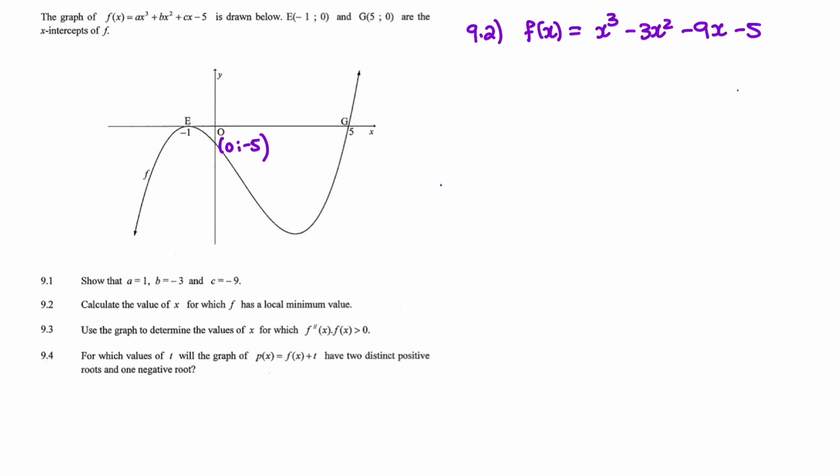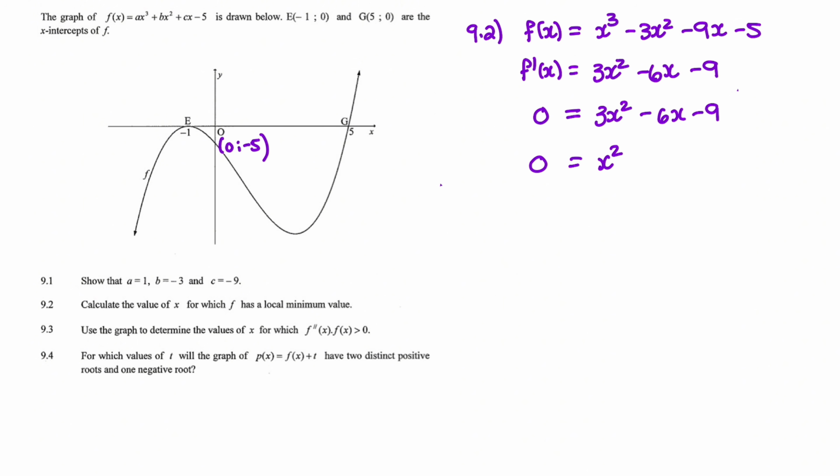If I take the first derivative of f(x), I have 3x² - 6x - 9, and that must be equal to 0 at the local minimum and maximum. Now I can solve for x. You can either use your calculator or you can factorize. I'm going to divide everywhere by 3.